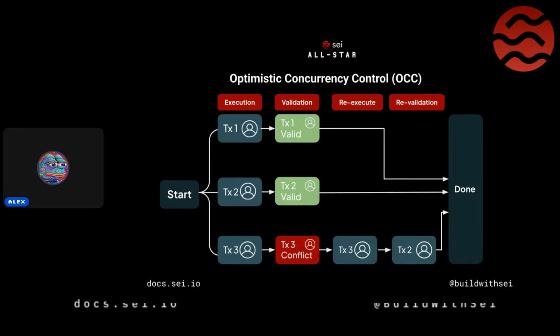So it executes transaction 2, then comes back and tries to execute transaction 3 again, and then validates that the state transition has been correct in the order that it is supposed to be. So that's one of our first tricks on how we make the parallelized EVM as fast as it can be.